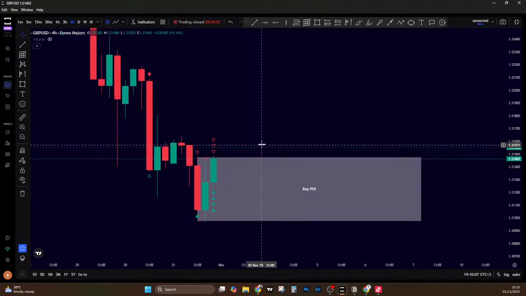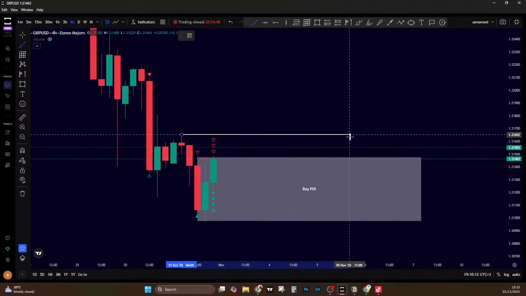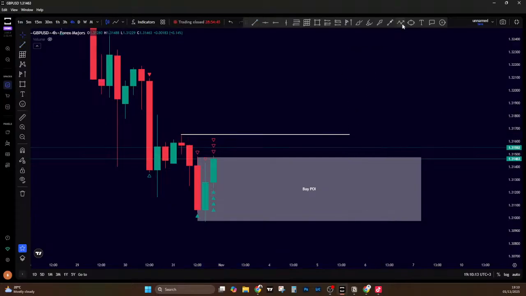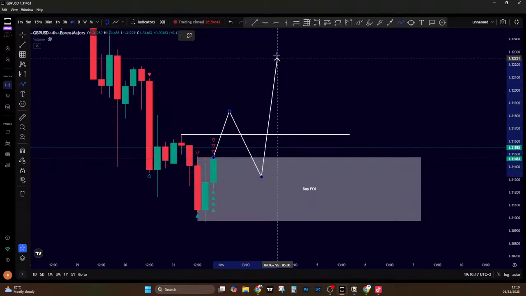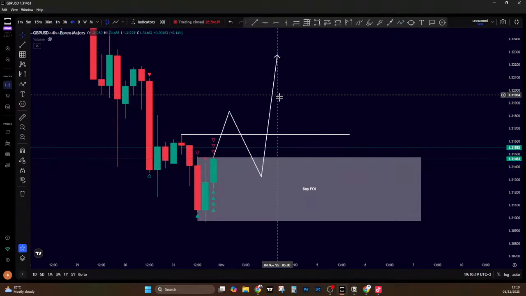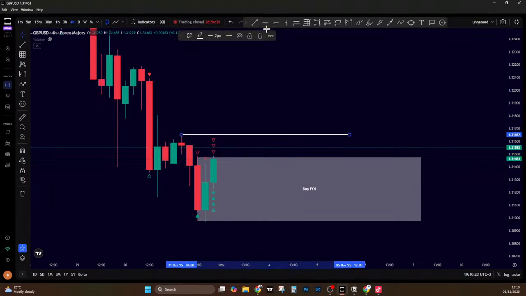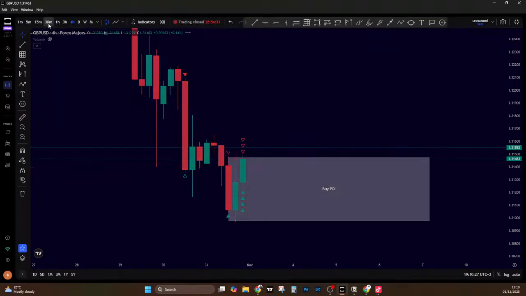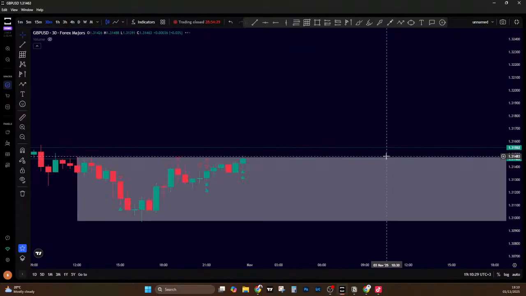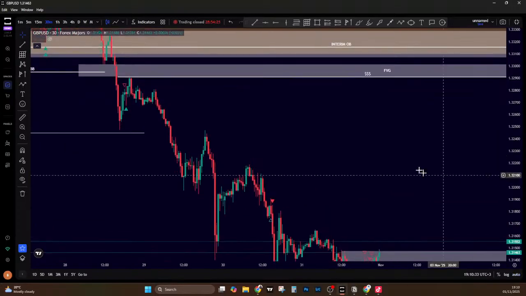So all that area, but I will want the market to break that first so that we have something like that. Okay, but we can go to the lower time frame. With 4 hours you can use 30 minutes or 15 minutes.